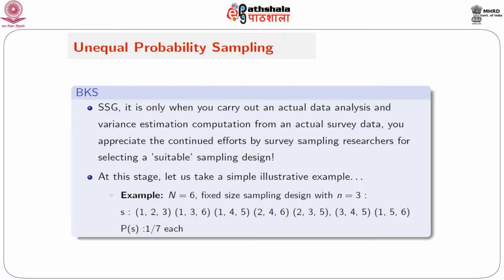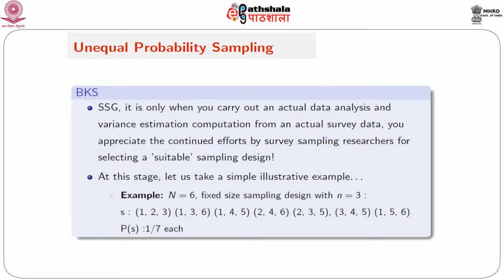At this stage, let us take a very simple illustrative example. I am referring to a hypothetical example of 6 units in the population, a fixed size sampling design of size 3. You can see there are all kinds of samples of size 3, starting with 1, 2, 3, going all the way up to 1, 5, 6. It's not that I have picked up all triplets.